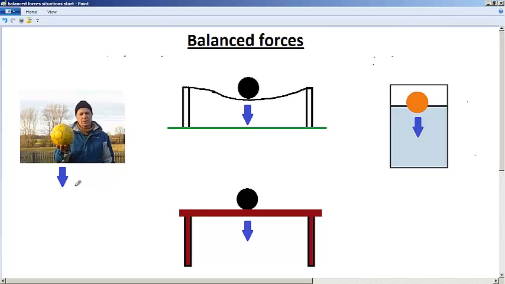Okay, so we've got weight acting down on the football, on the cannonball here, which is positioned on top of a trampoline, and another cannonball here which is positioned on top of a table, a hard oak table.